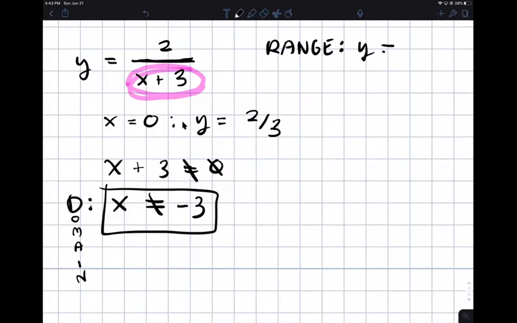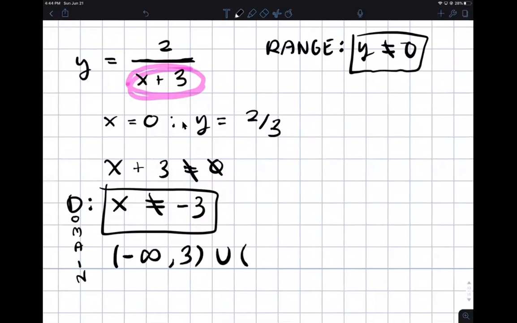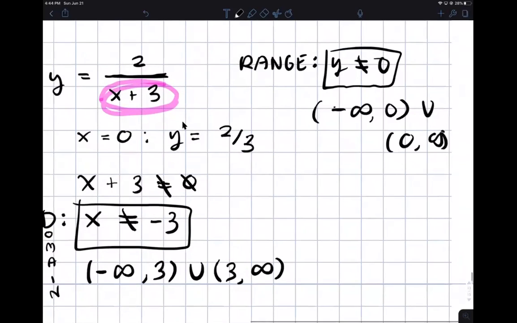Yeah, so y can't be 0. And again, we can write it in set notation. It would just be like x, and then here it would just be like this. Does that make sense? Okay.